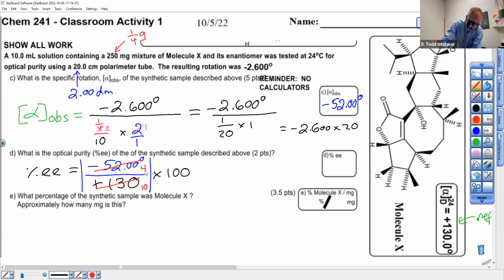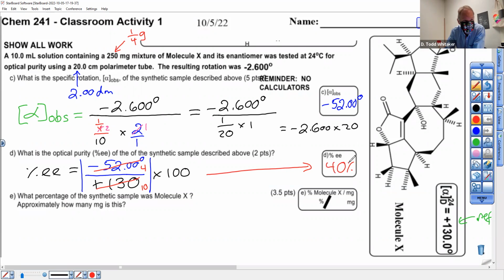And I don't care about signs anymore because of this, right? So forget about minuses and pluses. 4 over 10 times 10. 40% EE means only one thing. Here it is. You ready? There's 40% more of the major enantiomer than the minor.